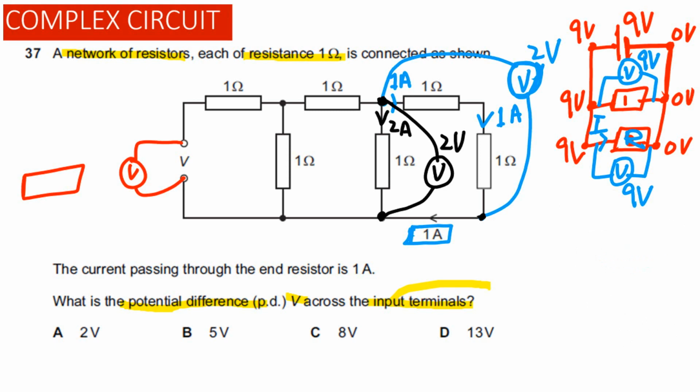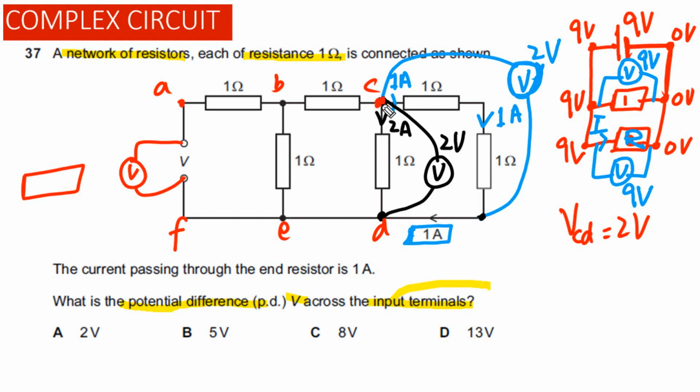Now the next step we need to understand is, let's label these points. Let's say this is point A, this is point B, this is point C, this point is D, this is E, let's say this point is F. Now, as you can see here, the voltage across CD, we have found this is equal to 2 volts. Current passing through this resistor is 1 amp and 1 amp, and current passing through this one is equal to 2 amps.